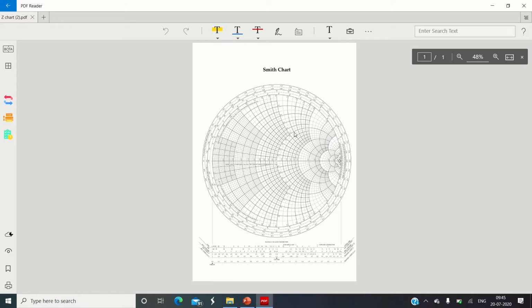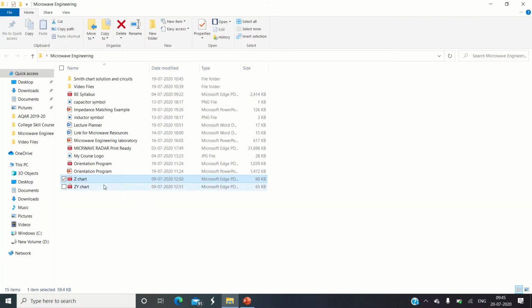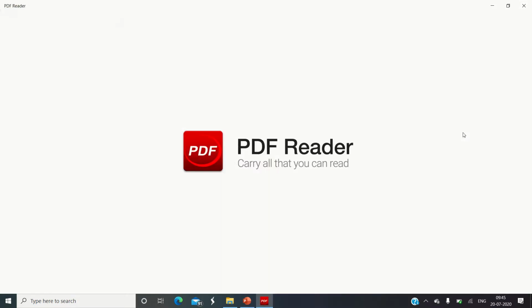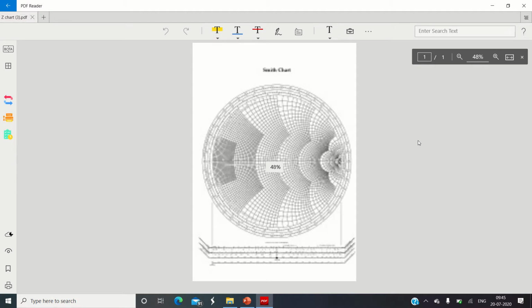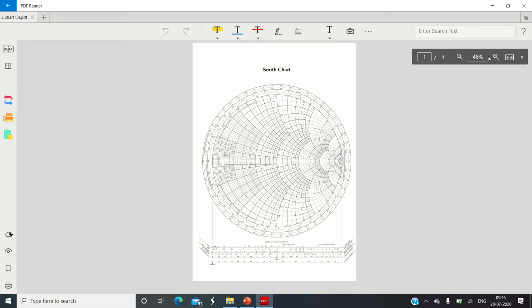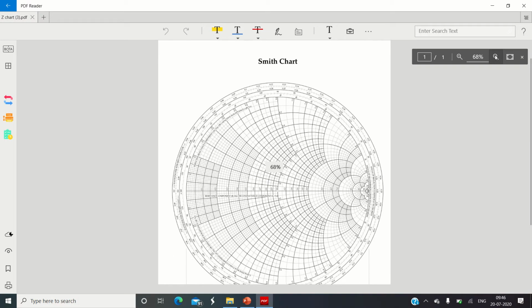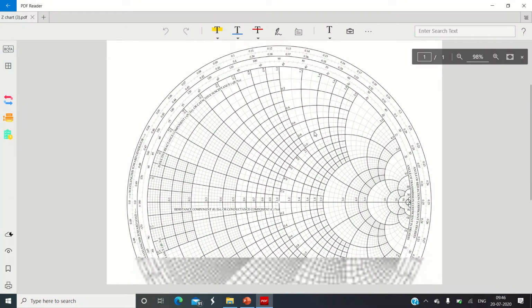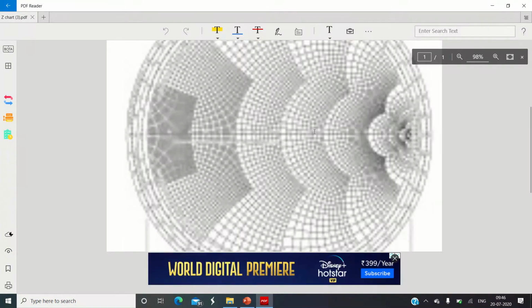In front of you I open this Smith chart now. Maximize it. So this is the Z Smith chart we are using.